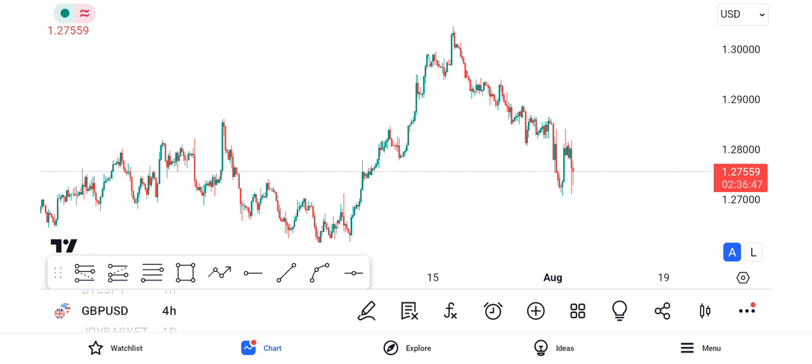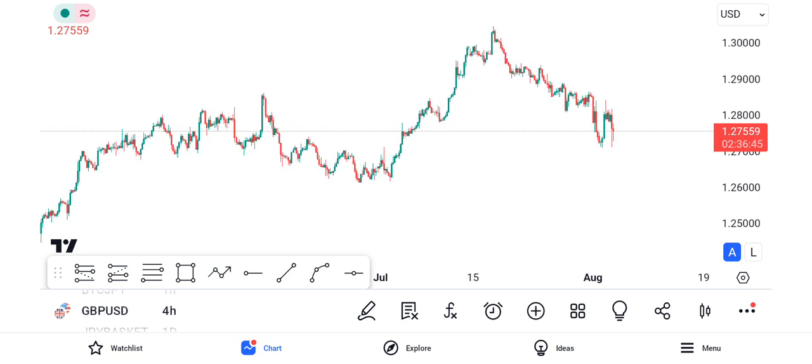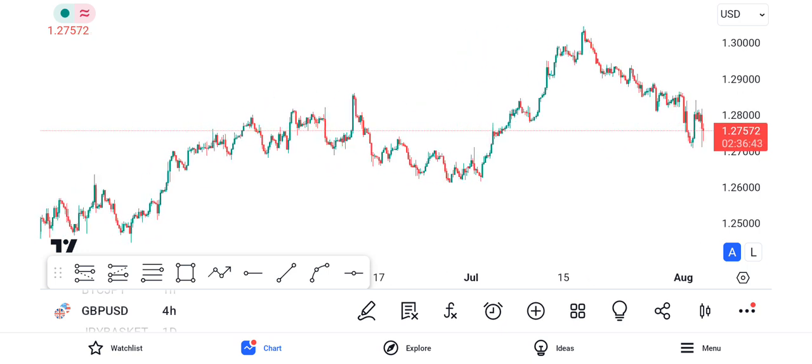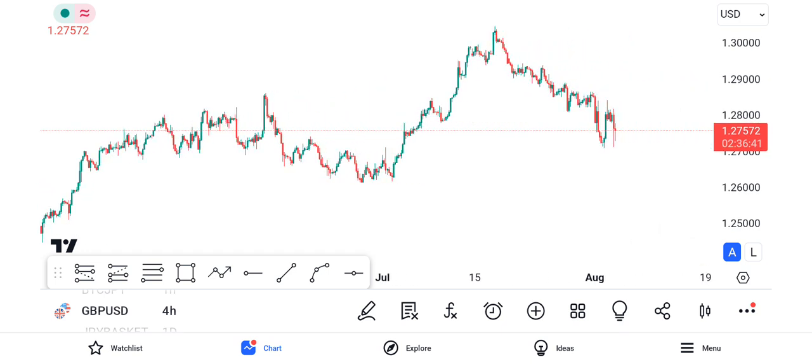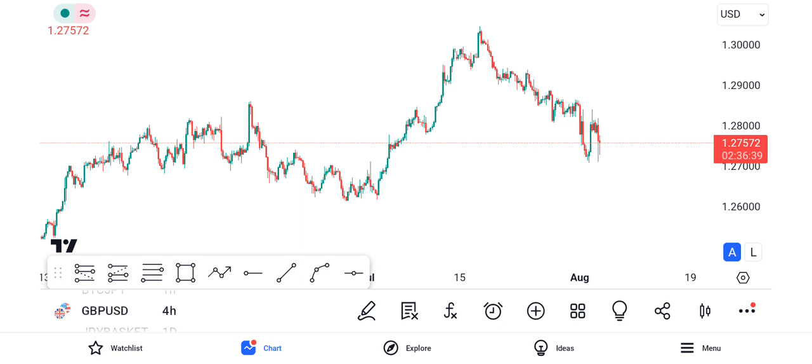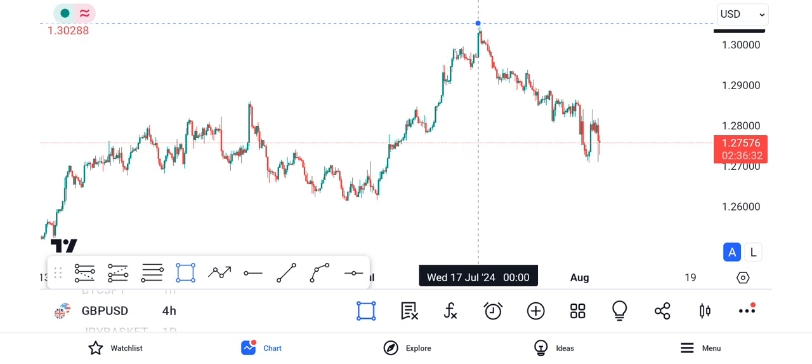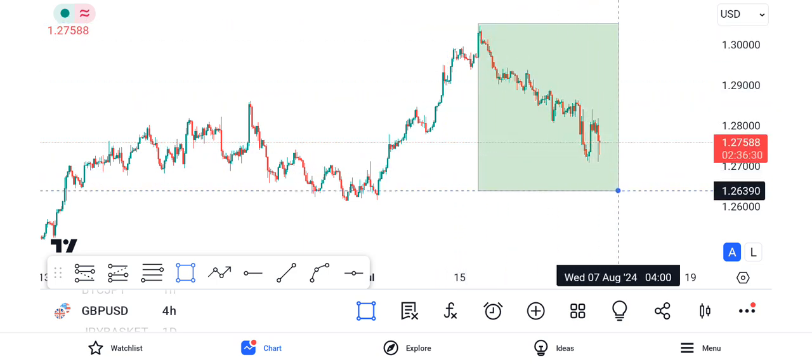And as you can see right here, what's the trend of this price? This current trend is a downtrend from here to this point.